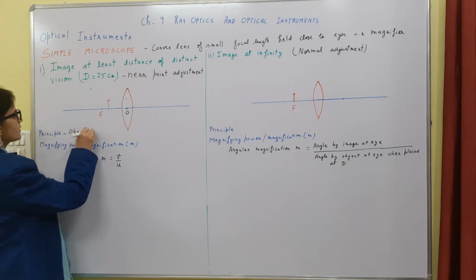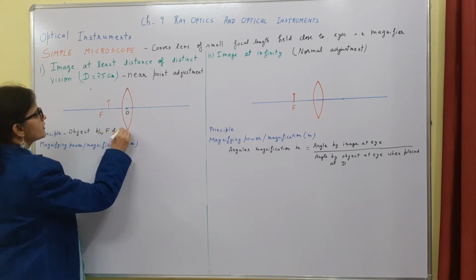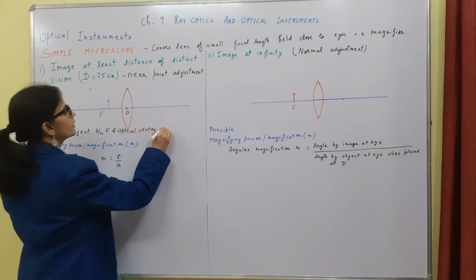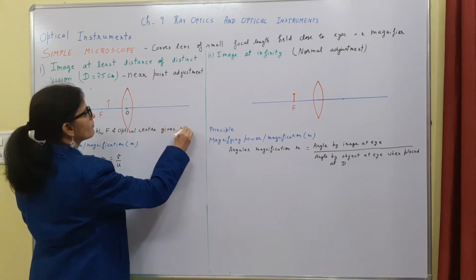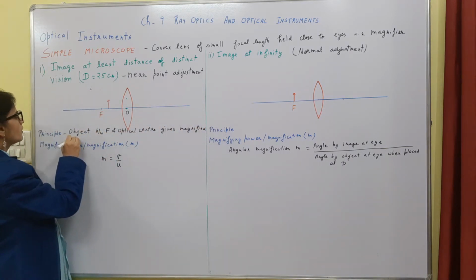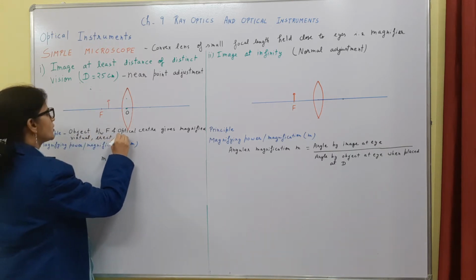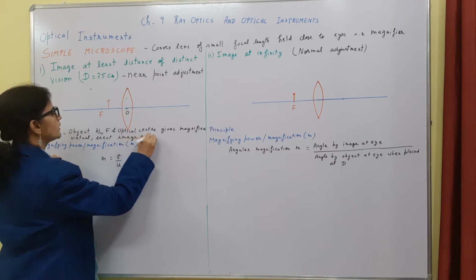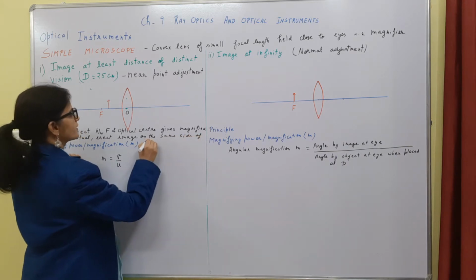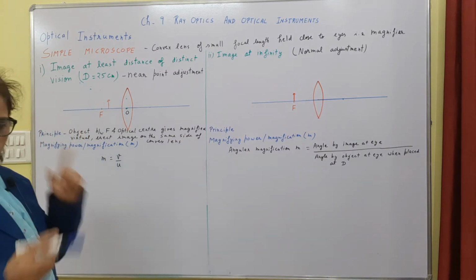The principle is that an object between focus and optical center gives a magnified, virtual, erect image on the same side of the convex lens, right?